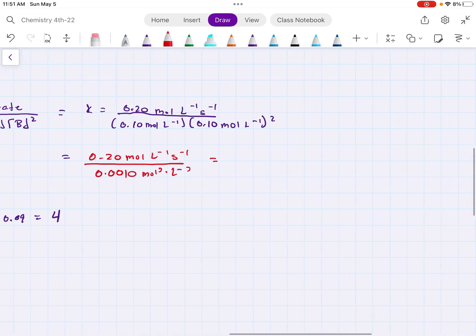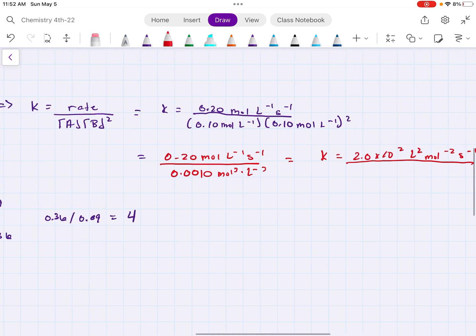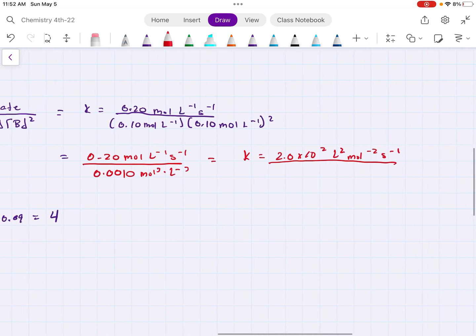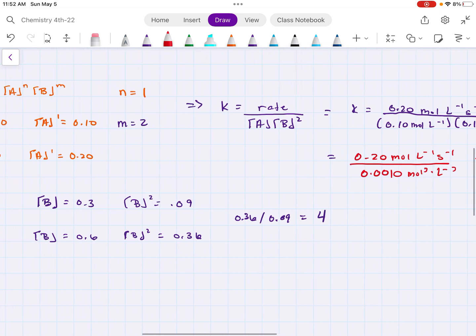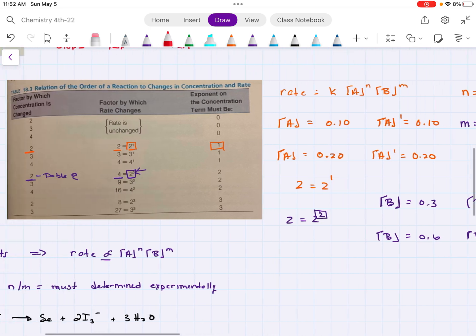And if we divide that out, cancel our units, our rate constant is going to be 2.0 times 10 to the 2 liters squared moles negative 2 seconds negative 1. So the rate constant for this particular reaction based on the data is 2.0 times 10 to the second liters squared over moles squared seconds, right? Now, the tricky part was figuring out what the exponents are going to be for this particular reaction, right?